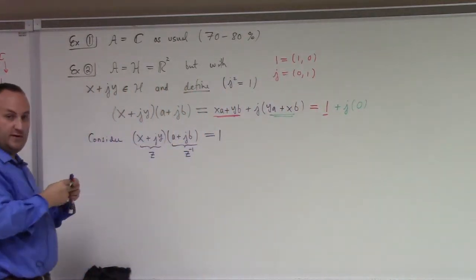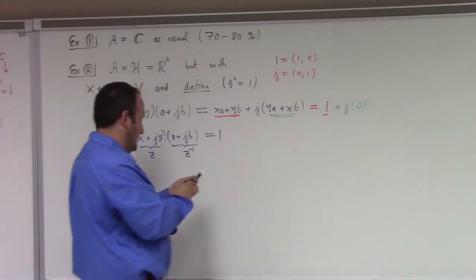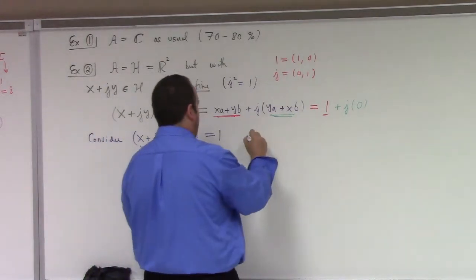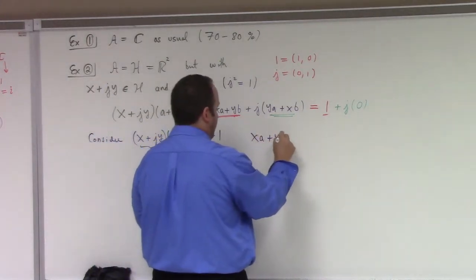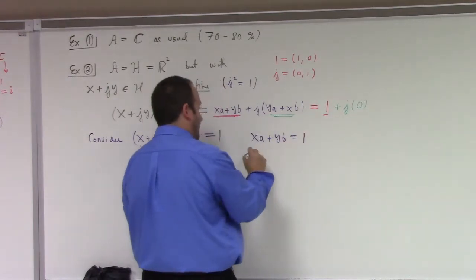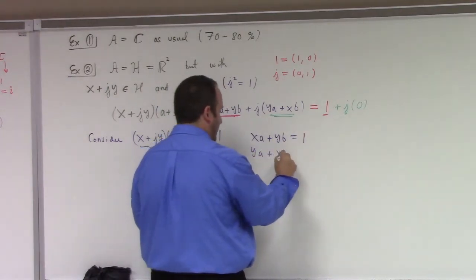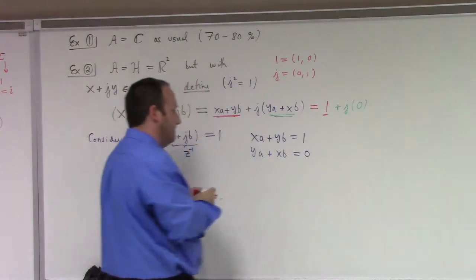So it looks like we have two equations. What are our two equations? We have xa plus yb equals 1, and we've got ya plus xb equals 0.